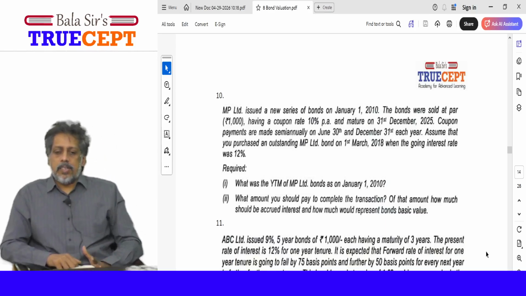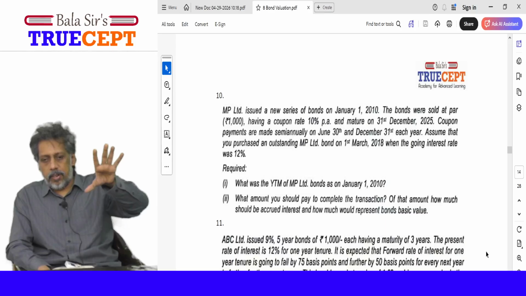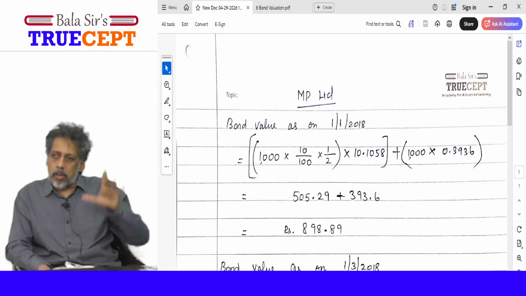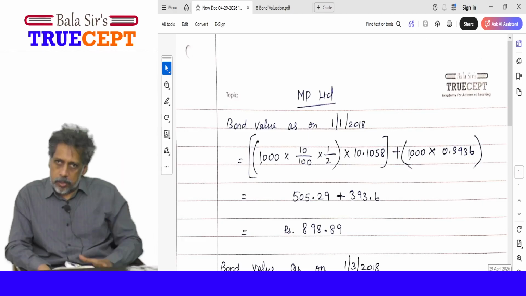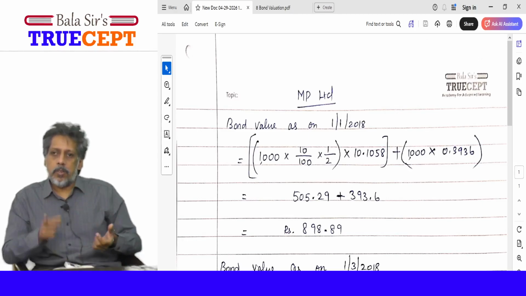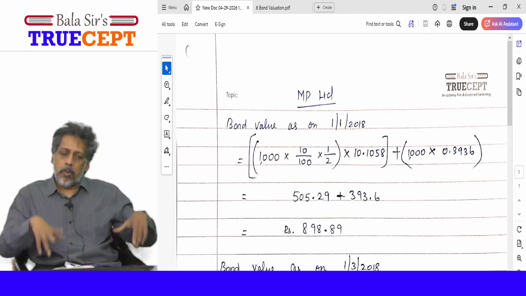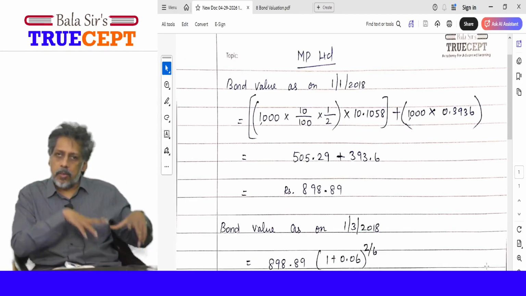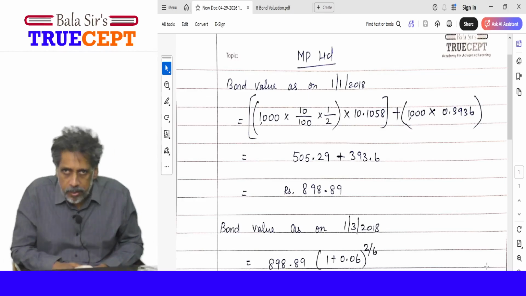Now let us take on the solution. Please refer to the solution out there. You know that from bond valuation, whenever you discount the bond cash flows at yield to maturity, you are supposed to get the market price of the bond as on that date. Is that fine?